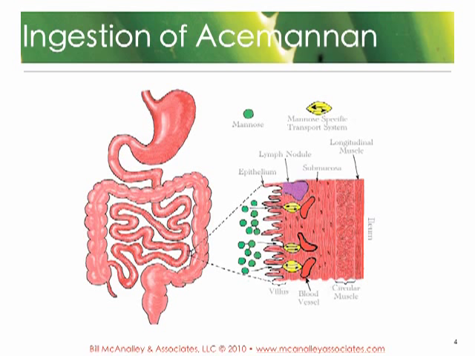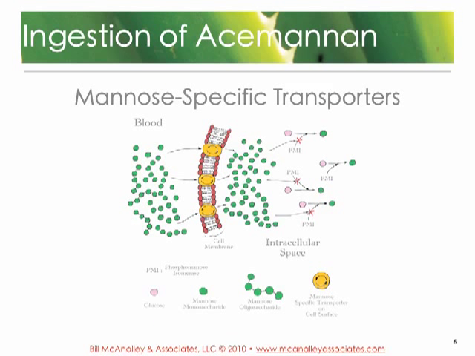There we have pumps, represented by the arrows in yellow, and they pump mannose into the bloodstream. Mannose is so important that if these specific mannose transporters, again shown here, are not able to find mannose to pump into the bloodstream, which is preferred, there are enzymes in the cell represented by PMI.